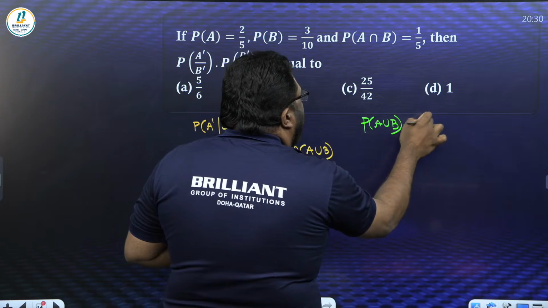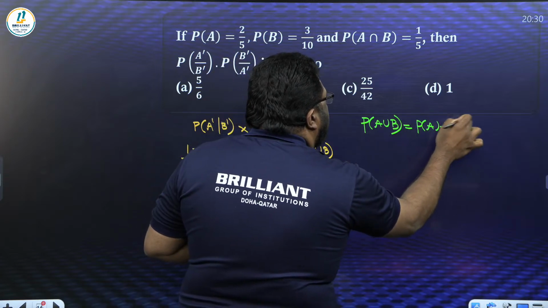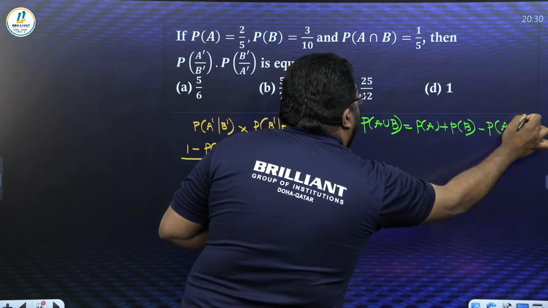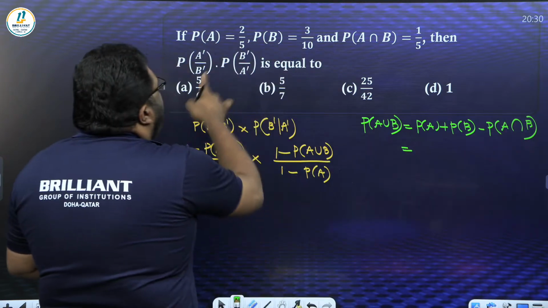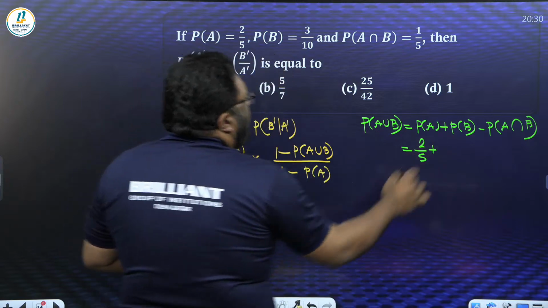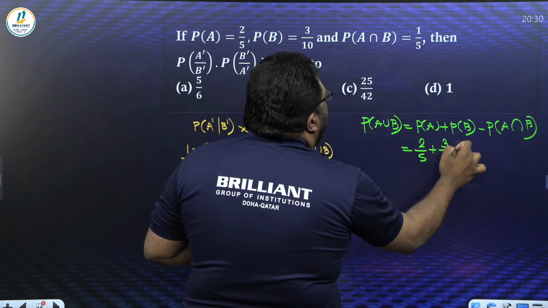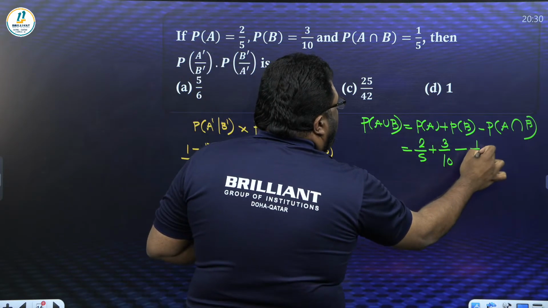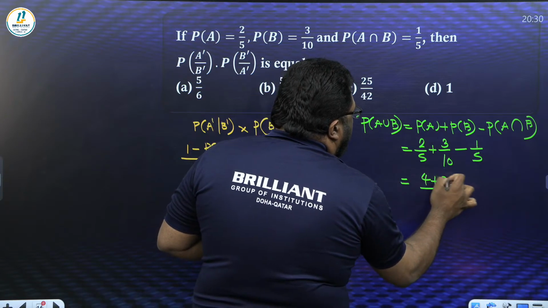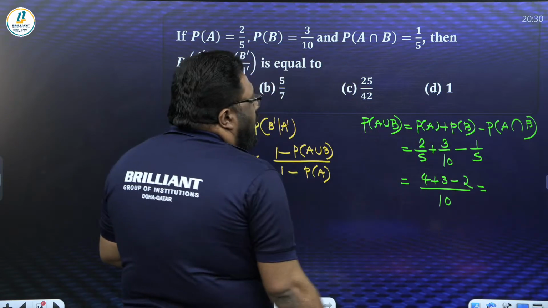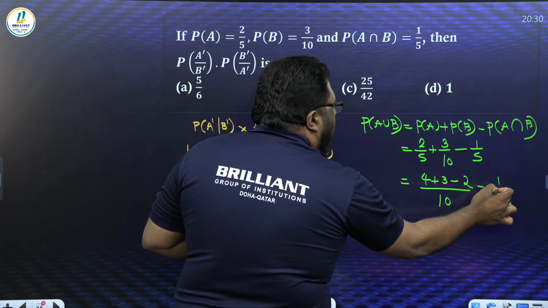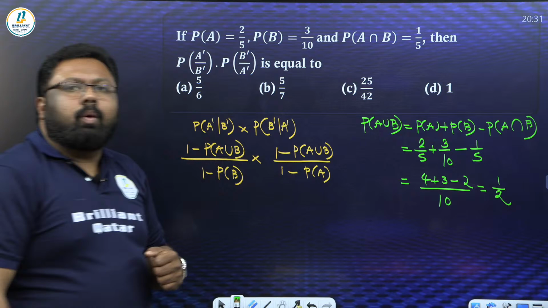A union B is equal to P of A plus P of B minus P of A intersection B. What's P of A? 2 by 5, P of B 3 by 10, P of A intersection B 1 by 5. LCM 10, 4 plus 3 minus 2, so 7 minus 2, 5 by 10, which is 1 by 2. So I got my P of A union B, 1 by 2.